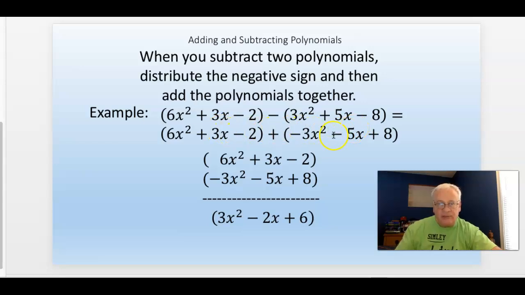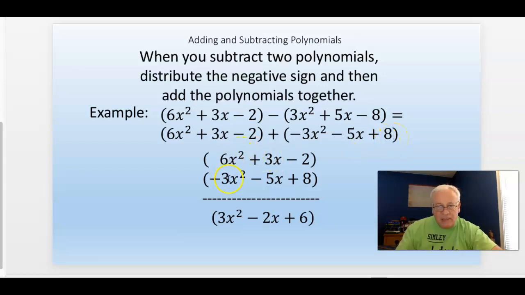Now you just add up the two polynomials like we just did before. So the sign changes for each of the terms in the second polynomial. 3x squared becomes negative 3x squared. 5x becomes negative 5x. And negative 8 changes to positive 8.